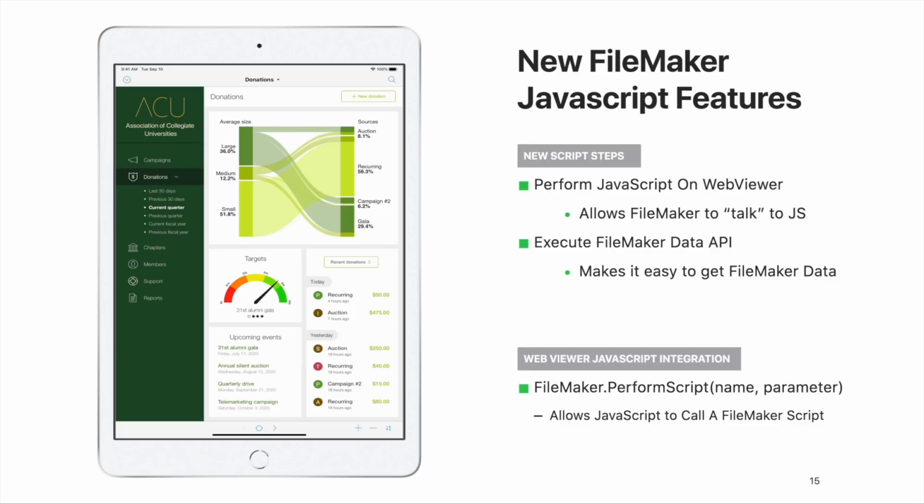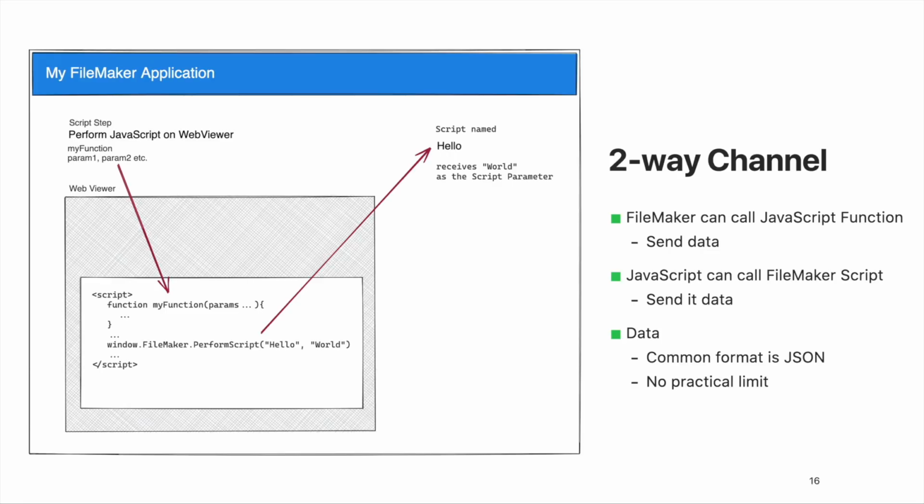And when you call that method, you pass it a name and a parameter, and that will send the message back to FileMaker. So what this gives us is a two-way communication channel between our FileMaker application and the web application that we have running inside of a web viewer.